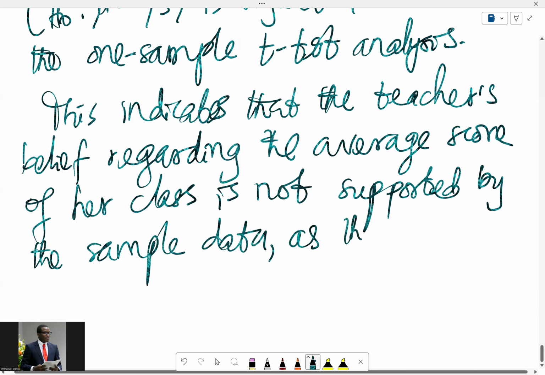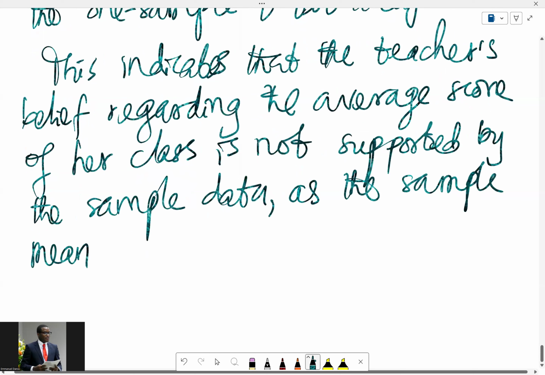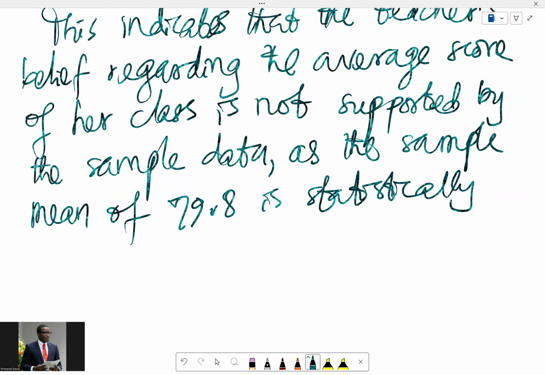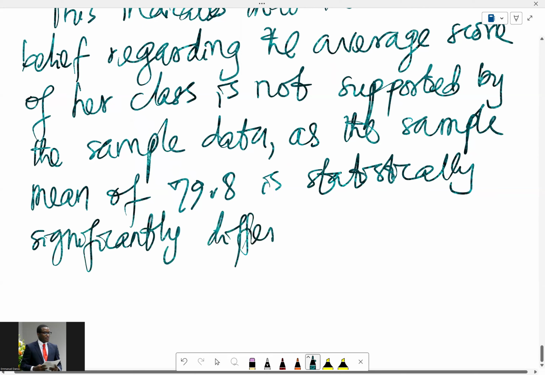As the sample mean of 79.8 is statistically significantly different from the hypothesized mean of 75.